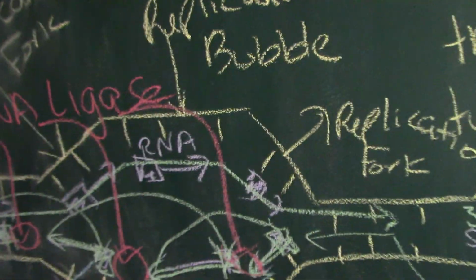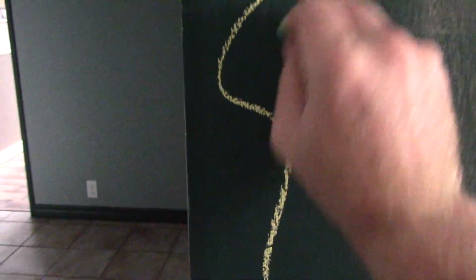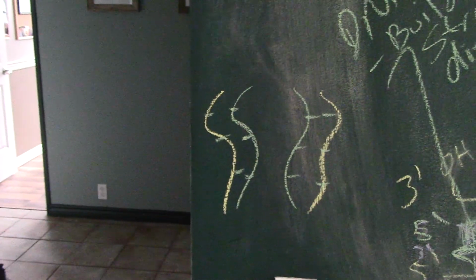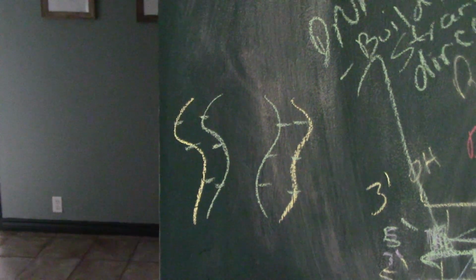We will end up with a DNA strand that is one of the original strands, and you'll end up with the new complementary strand. Remember, they're not identical, they're complementary. And those will turn into new DNA, and it'll curve back into a double helix.